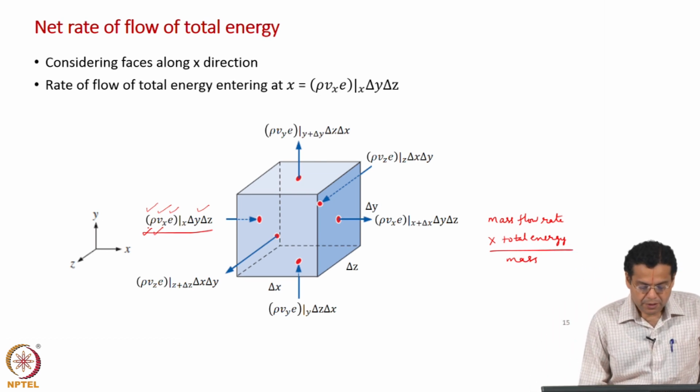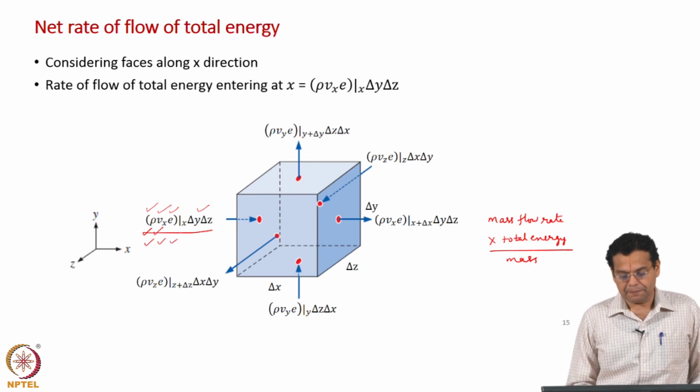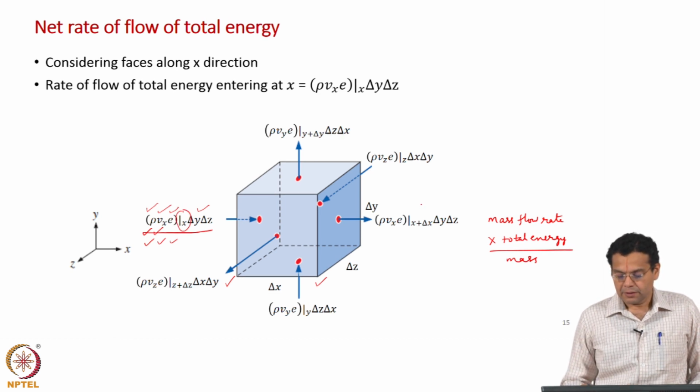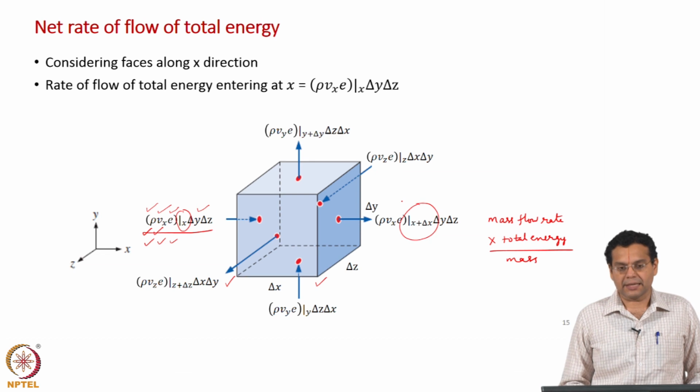Now, rho, Vx, E all can vary spatially, and the left phase is at x, the right phase is at x plus delta x. So, we have indicated that the whole term is evaluated at x, the whole term is evaluated at x plus delta x.